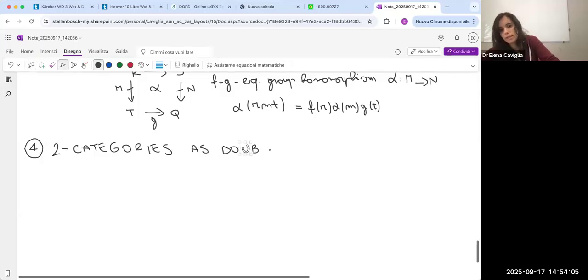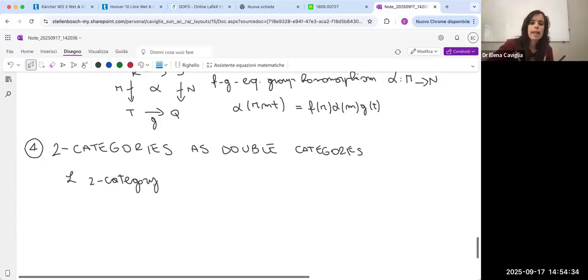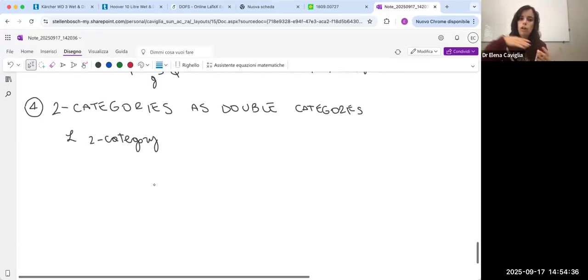And there are three different ways of seeing a two-category as a double category. So the first one is, we have L a two-category. We can see L as a double category that is only horizontal in some sense, meaning that we can take all our pro-arrows to be identities.